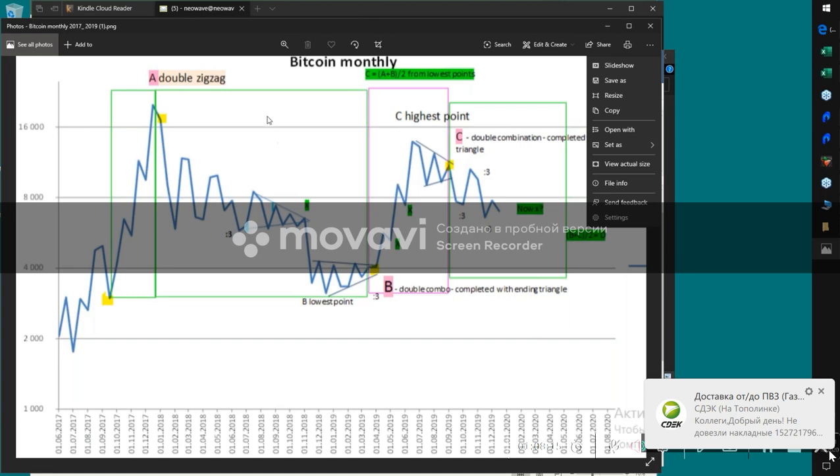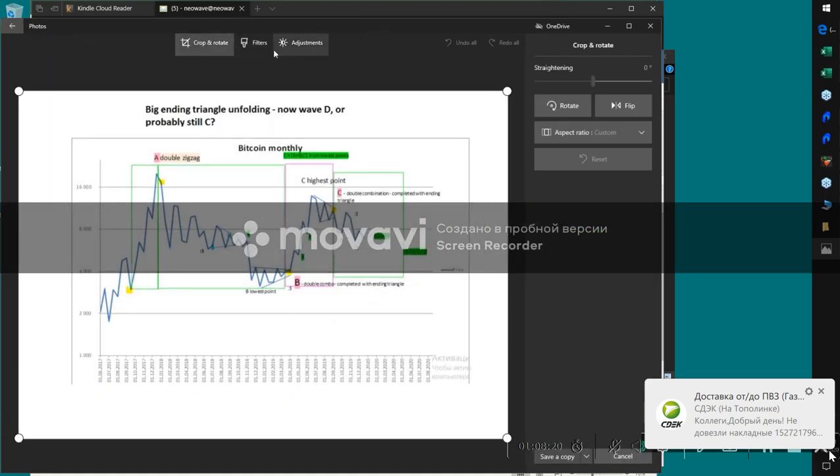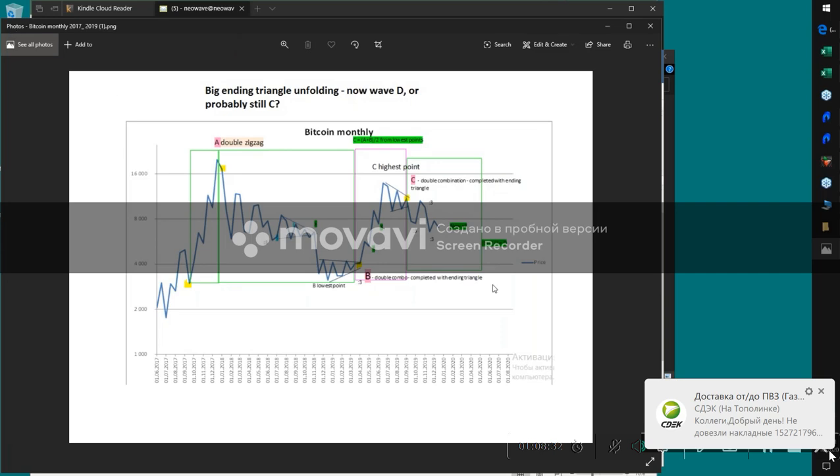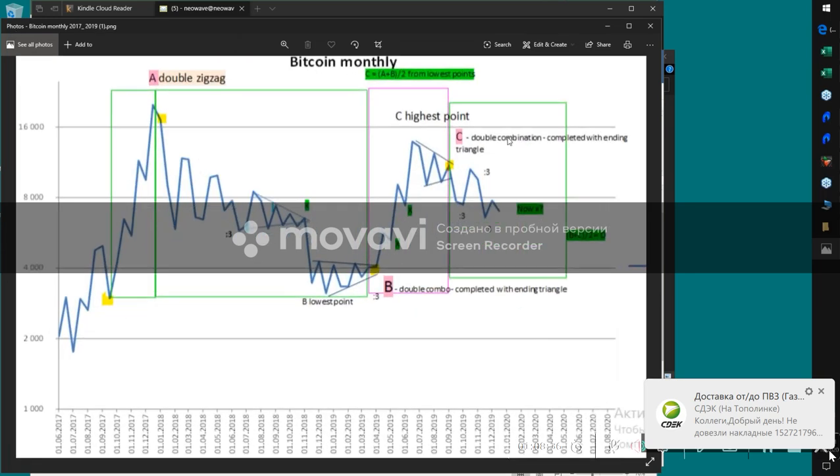So I'm just going to have to move my mouse around. I don't think I can actually adjust anything on this chart. How do I get out of this? I'm not sure how to get out of this. Okay, so let me expand it again.